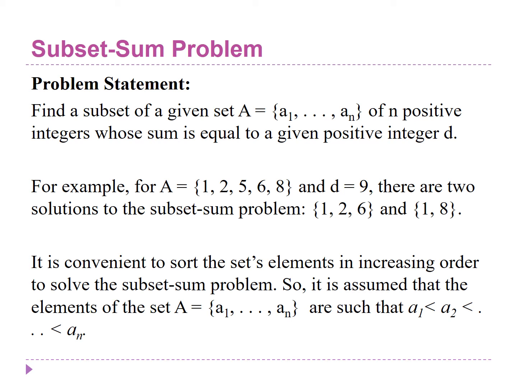To solve the subset sum problem, it is convenient to sort the set's elements in non-decreasing order. It is assumed that elements of set A consisting of a1 to an are arranged such that a1 is less than a2, which is less than a3 to an.